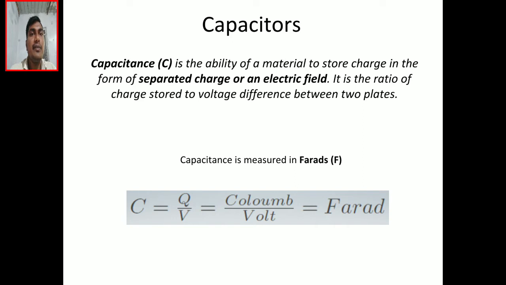A capacitor is an element and capacitance is a property. In the last class I already told that a resistor is an element and resistance is the property of an element. Now the capacitor is an element and capacitance is a property or ability. What is the ability of the capacitor?